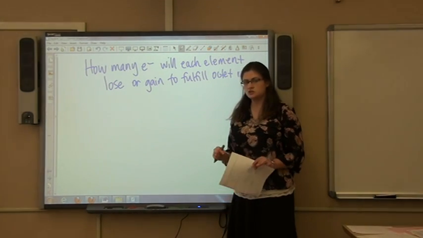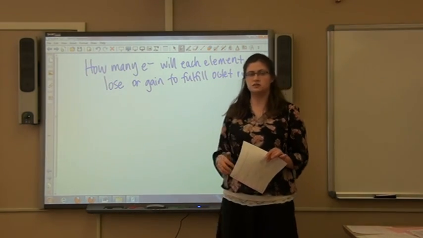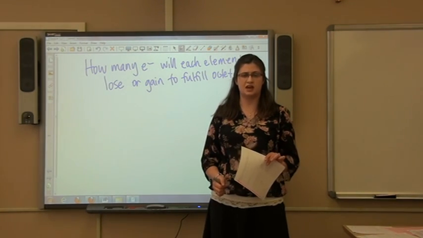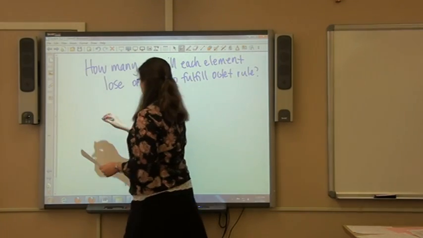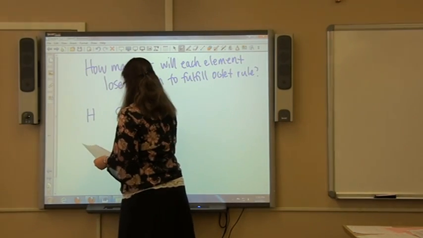Each one of our elements is going to need to do some work in order to have 8 electrons in its outer shell. So let's take a look at some examples.